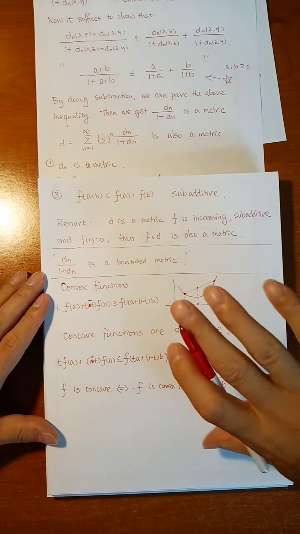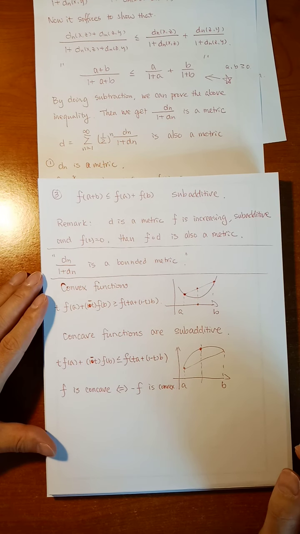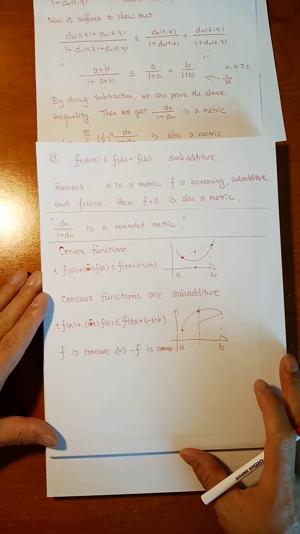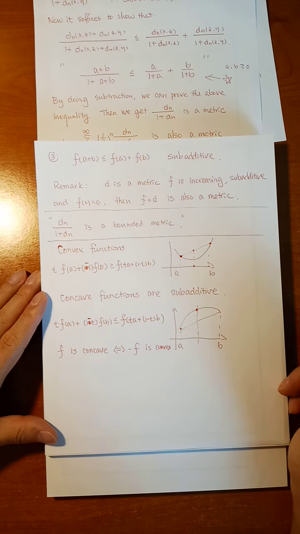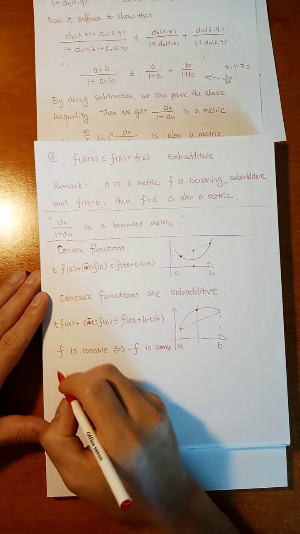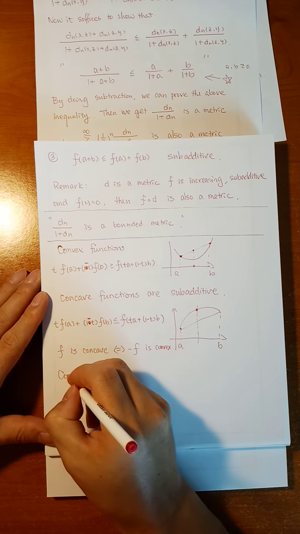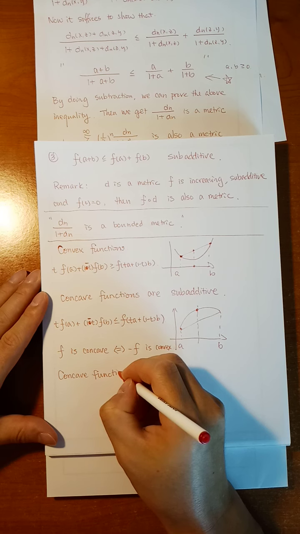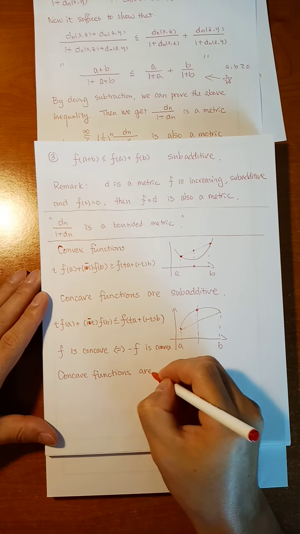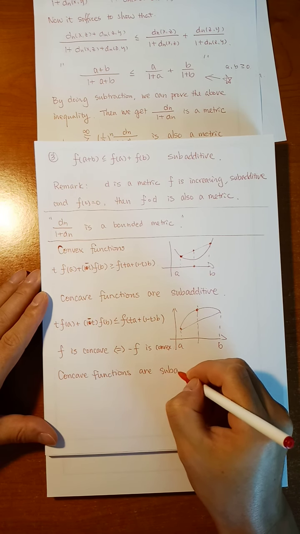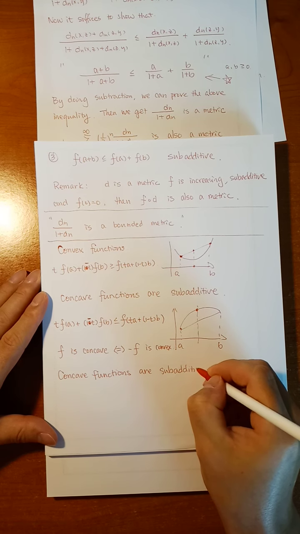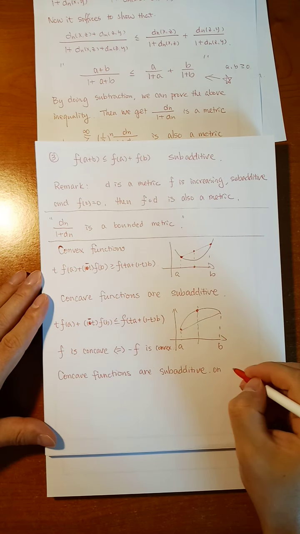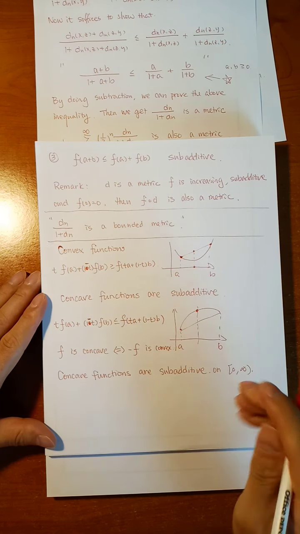So if one is convex, you flip it, it becomes concave. They are like twin concepts. And then we can prove that concave functions are subadditive on 0 to infinity, on non-negative values.